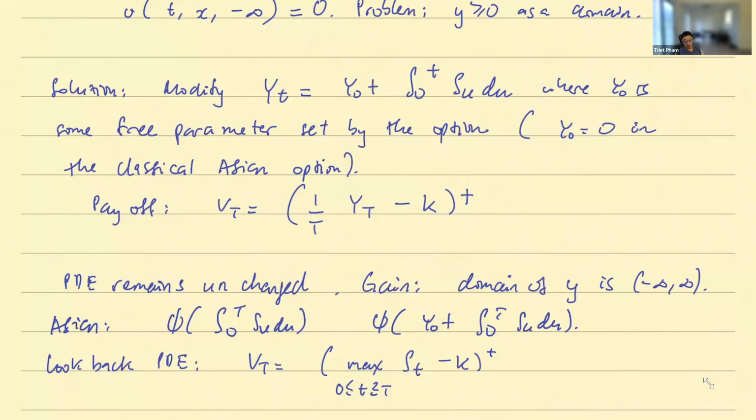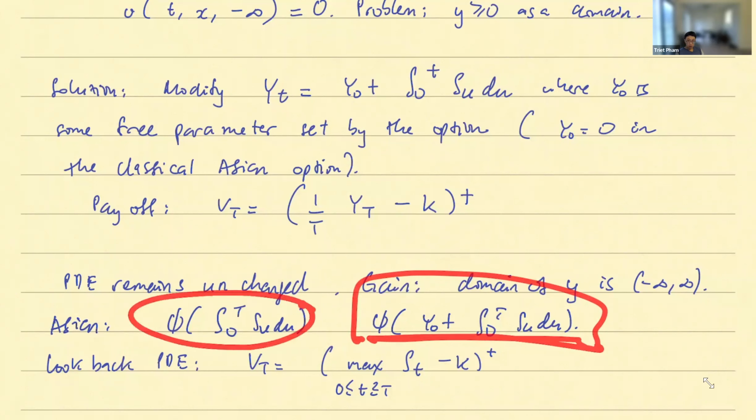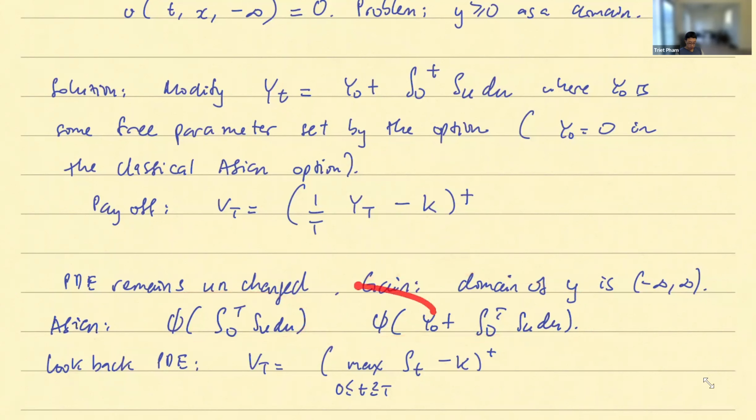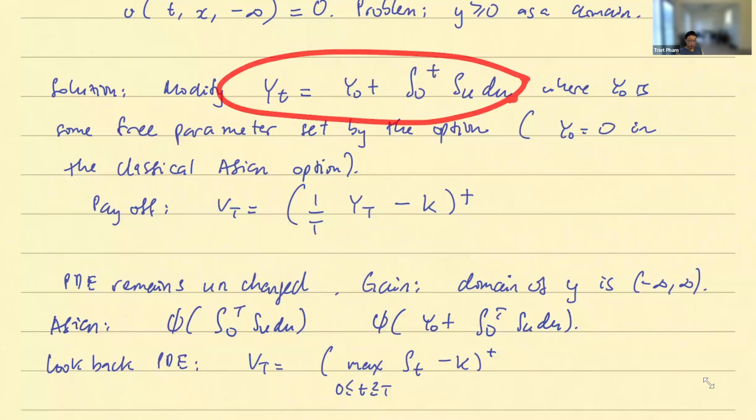Would that not make sense financially? No, I mean, this is as perfect an option as anything else, except that people don't really talk about this in the market. They talk about this, but that's fine, because I can convert from here to here by letting my Y0 be 0. That is correct. So I will tag this extra one along as a part of my solution.